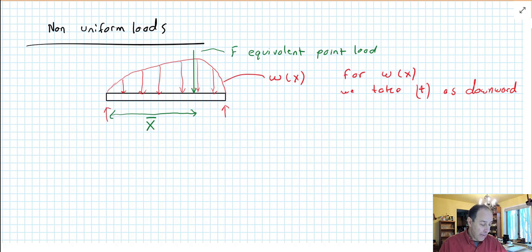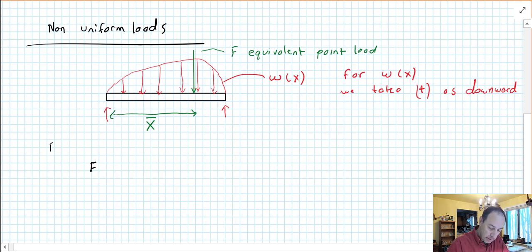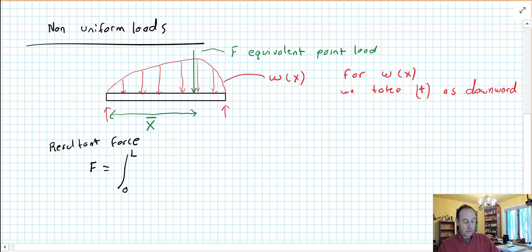All right, so we can write the force then, the resultant force. Not where it acts, we don't know that yet, but we can write the resultant force as the integral along the whole length of that beam of the distributed load function.